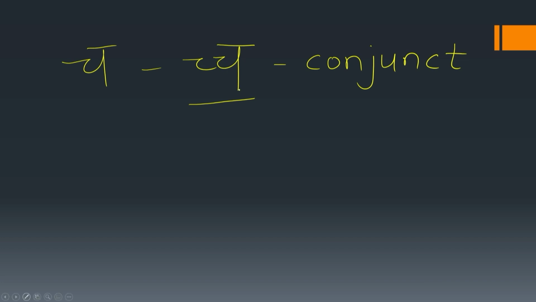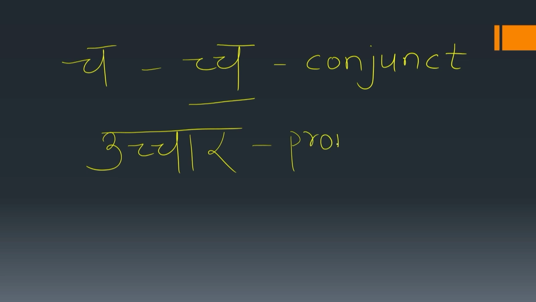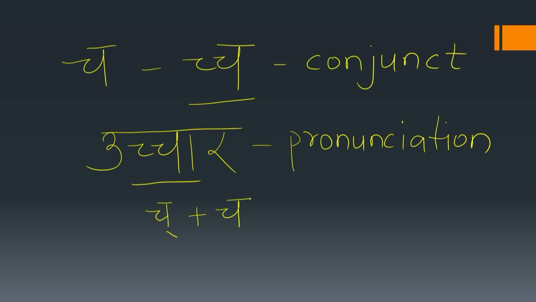Example, uchchar. This means pronunciation. This is a Konkani word, uchchar. This is the conjunct here. How is it formed? Half cha plus full cha plus a.